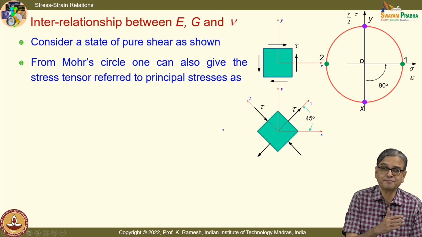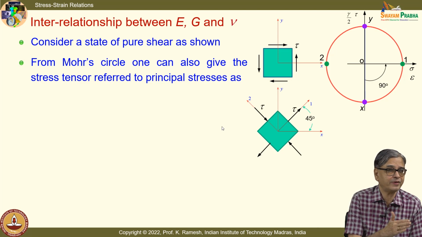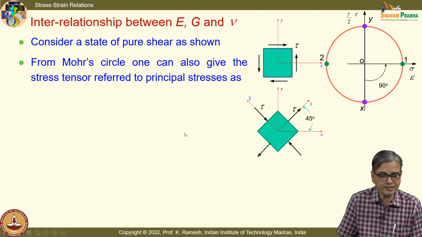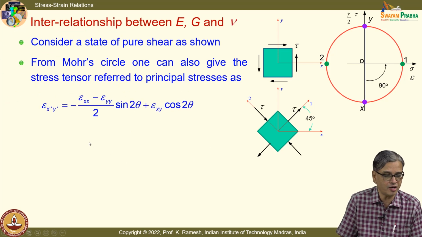The idea is to interrelate Young's modulus and shear modulus. Fine. I can also look at the Mohr circle of strain from your transformation law. Epsilon x prime y prime equals minus (epsilon xx minus epsilon yy) divided by 2 sin 2 theta plus epsilon xy cos 2 theta.